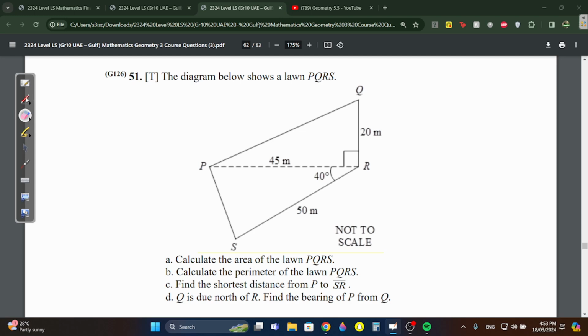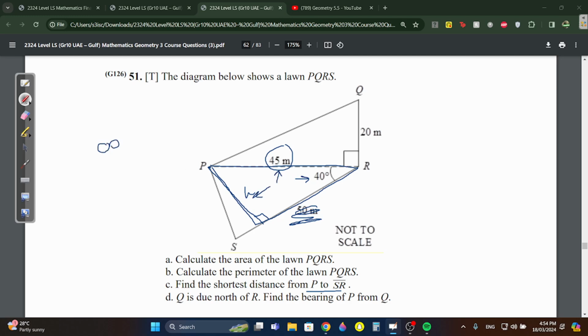Part C, find the shortest distance from P to SR. If you remember, I told you the shortest distance from any point to that segment is the perpendicular, the altitude. So how do we find this? We have a triangle now, right? Let's call it H. We have 45 as the hypotenuse, and we have 40 here. This is opposite, this is hypotenuse.